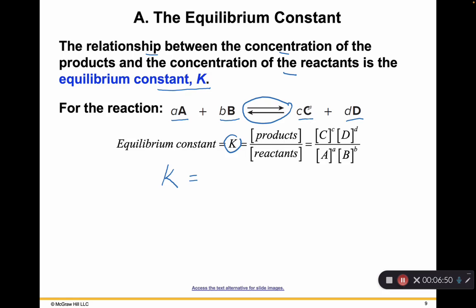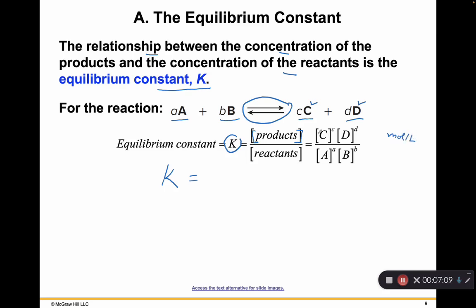Here we have product C and product D. Whenever we write the square bracket here, this square bracket means we are mentioning the concentration in moles per liter.